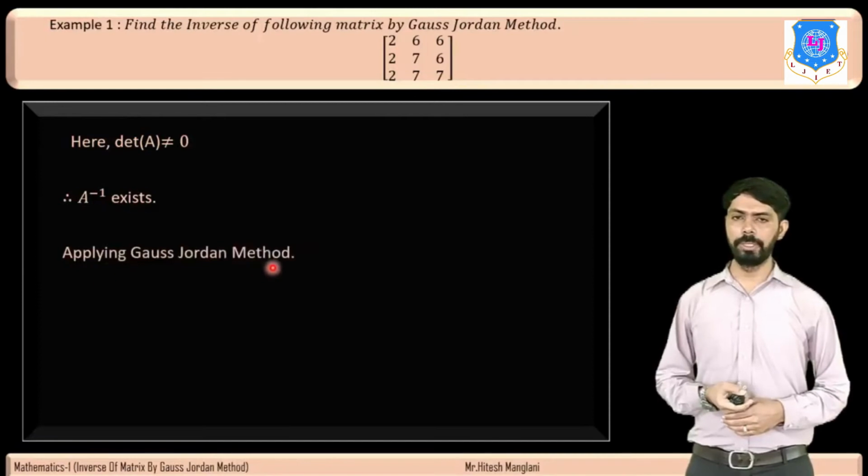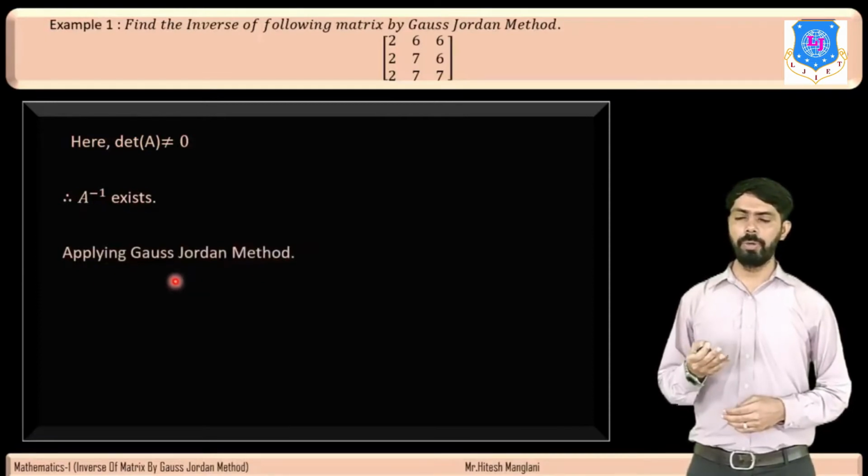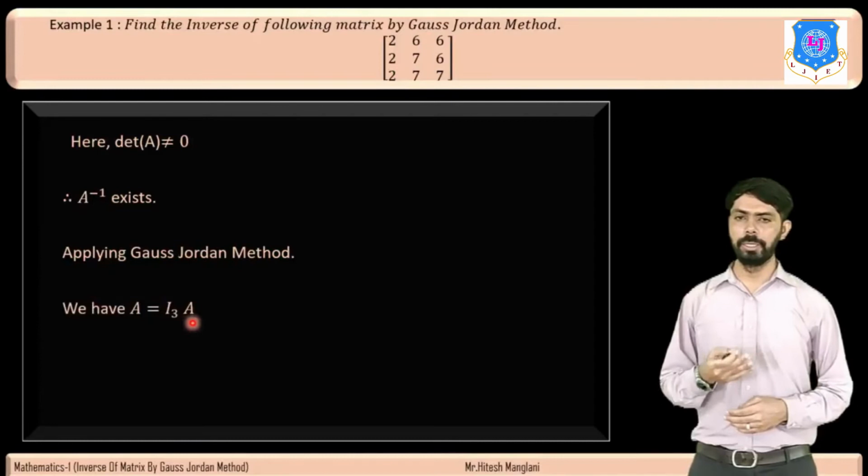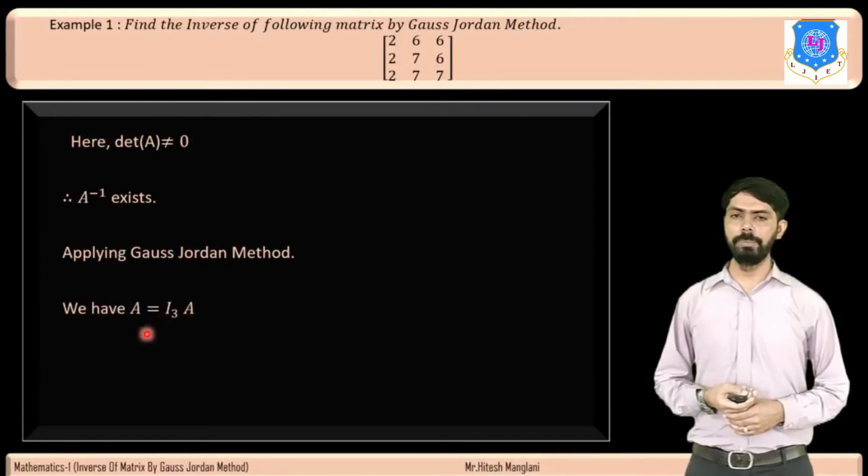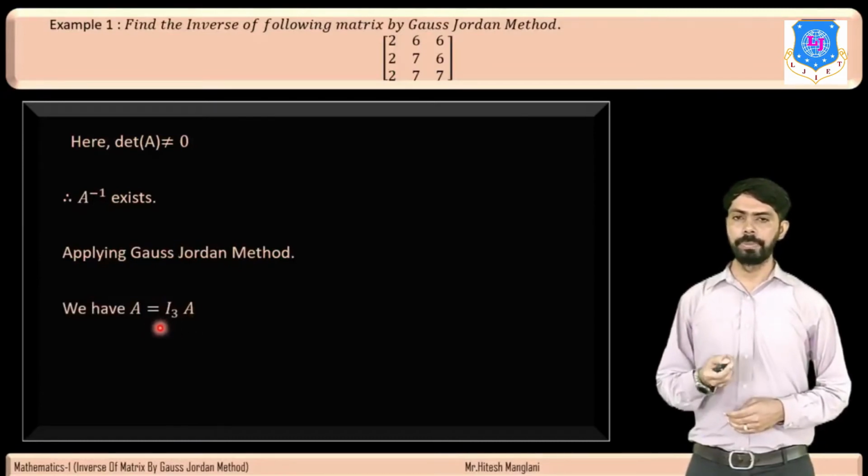Applying Gauss Jordan method, we have A is equal to I3A, where I3 is the identity matrix of order 3.